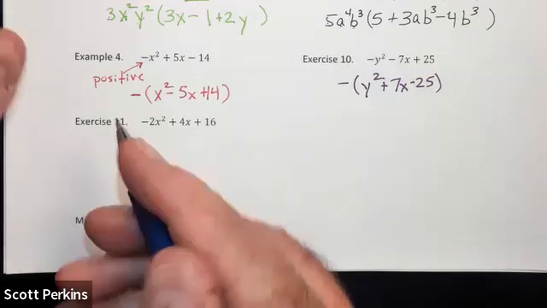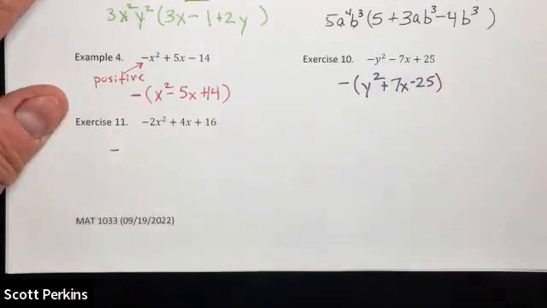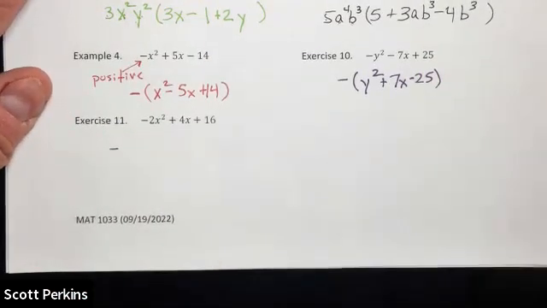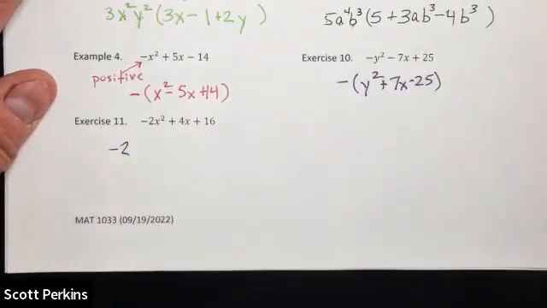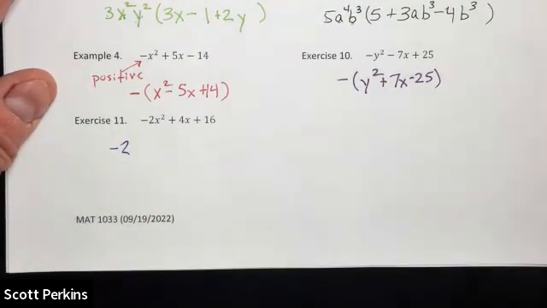All right, so in addition to the negative, what is the factor that I can take out of every term? A 2. So I'm going to factor out a negative 2 out of the 3 terms.